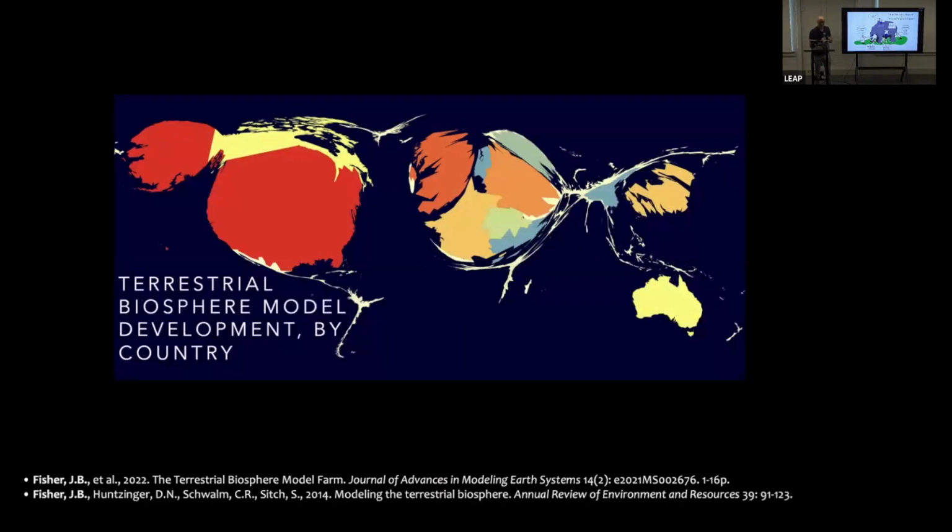Here's a cartogram I made of where the model development is taking place, and you can imagine it's in the rich countries: the US, Europe, China, Australia. So that means our models are biased, right? Well, maybe not. But how would you go out and parameterize the photosynthesis sensitivity to soil moisture, or the nitrogen uptake, if you're developing that in a model?